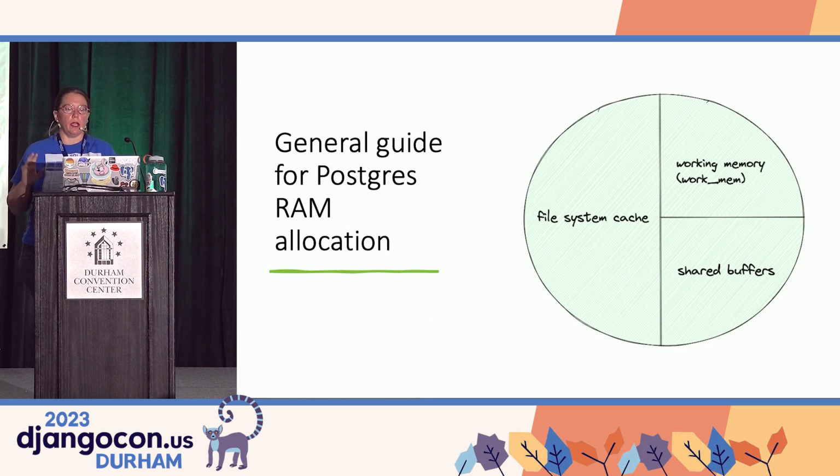So the first big picture idea for getting your memory configured, right, is working on these shared buffers. In general, you can do about a quarter of the memory that you have on your machine for shared buffers.